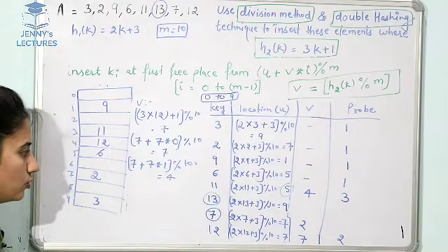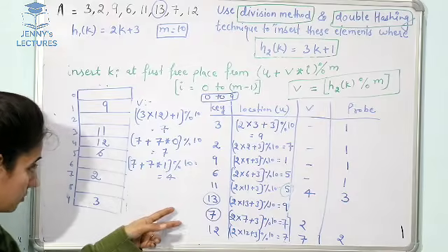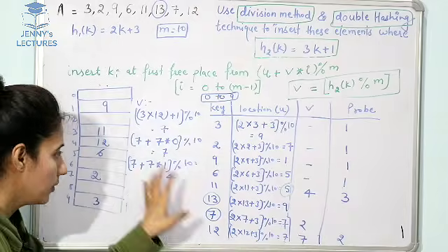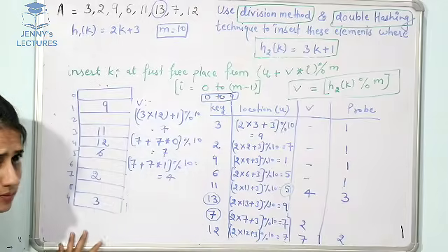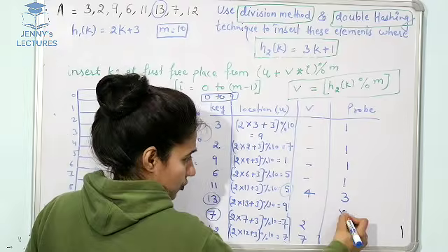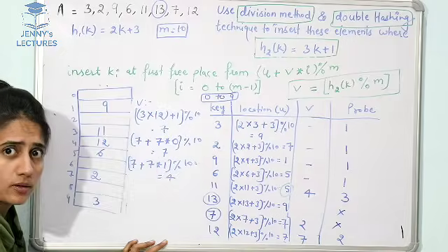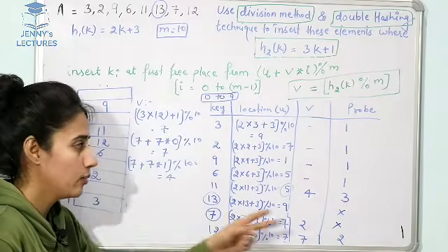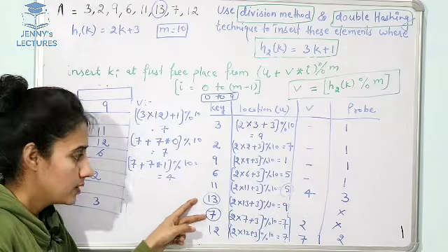For 13 and 7, sorry, we didn't calculate number of probes, you can calculate, but we are not able to insert 13 and 7 at this place. So no need to calculate number of probes for these, because in case you are not able to insert any keys, then obviously we cannot tell how many probes there are for 13 and 7.